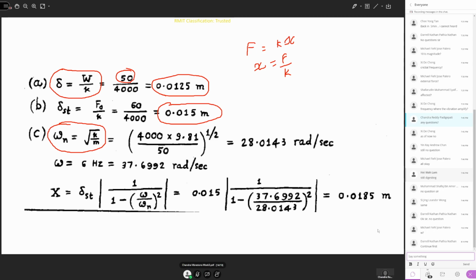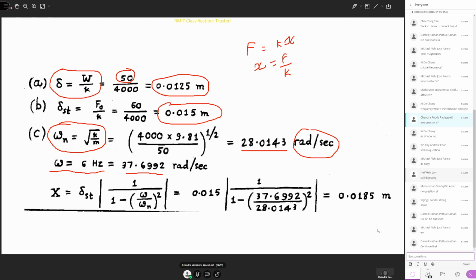Under the root, you get the natural frequency of the system as 28.0143 radians per second. The external frequency is given as 6 hertz, so convert into radial frequency by multiplying with 2 pi, and you get about 37.7.